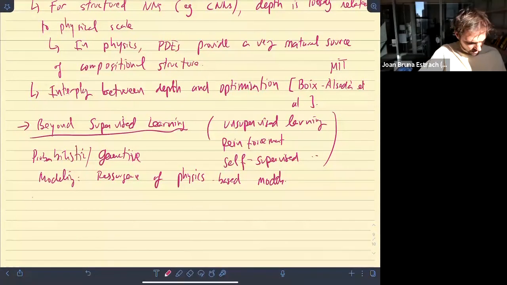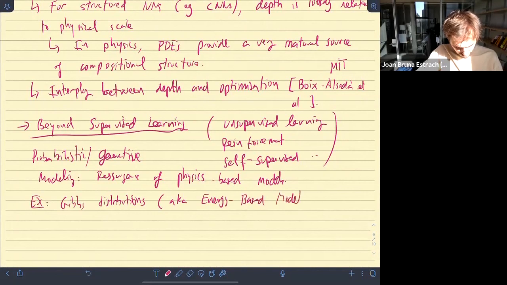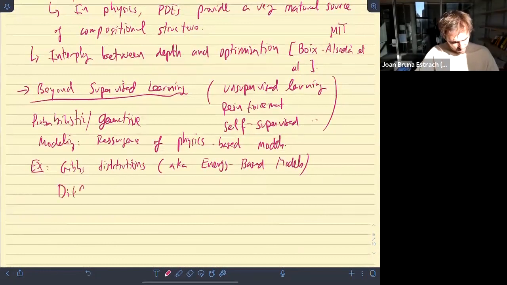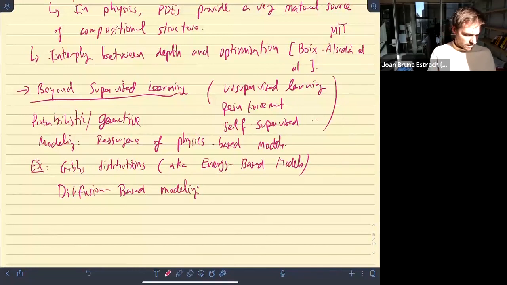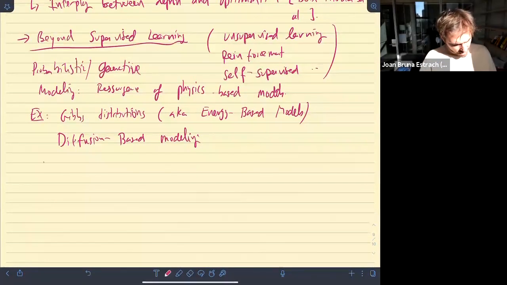So for example, Gibbs distributions, also known as energy-based models. And more recently, this notion of diffusion-based modeling, with an idea that is very natural, where you have some data distribution.